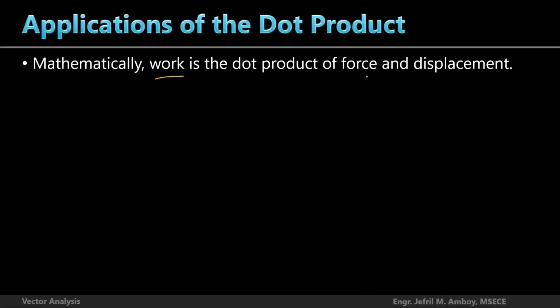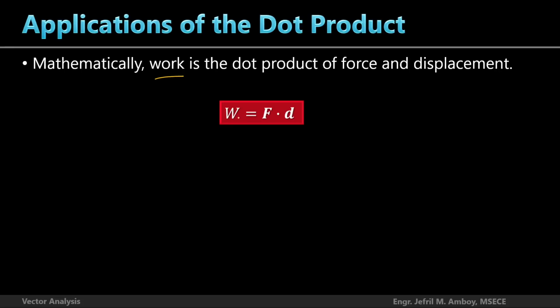If we get the dot product of these two, the force and the displacement, we will get a scalar quantity, which is work. That is why work is a scalar quantity, because it is actually a dot product. So remember that work is the dot product of force and displacement, and since it's a dot product, work must be a scalar quantity.